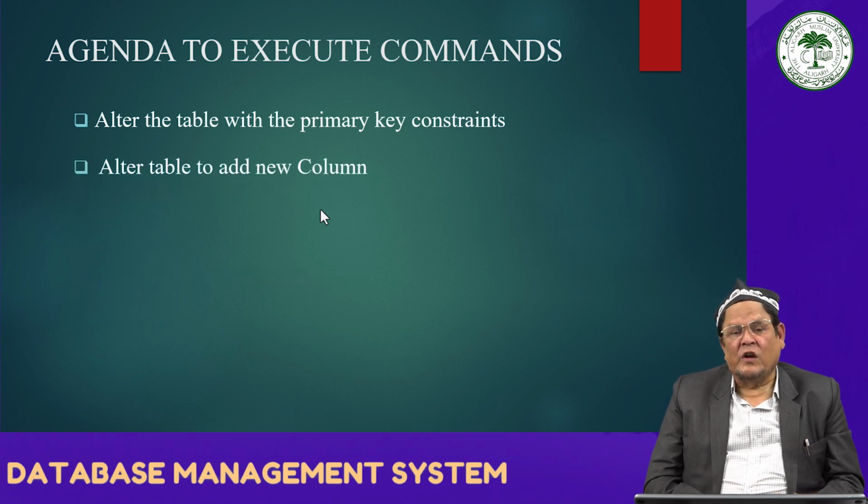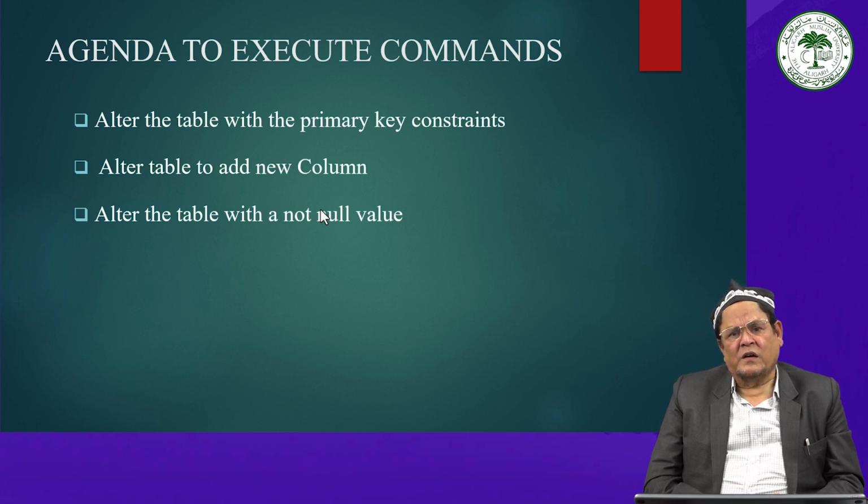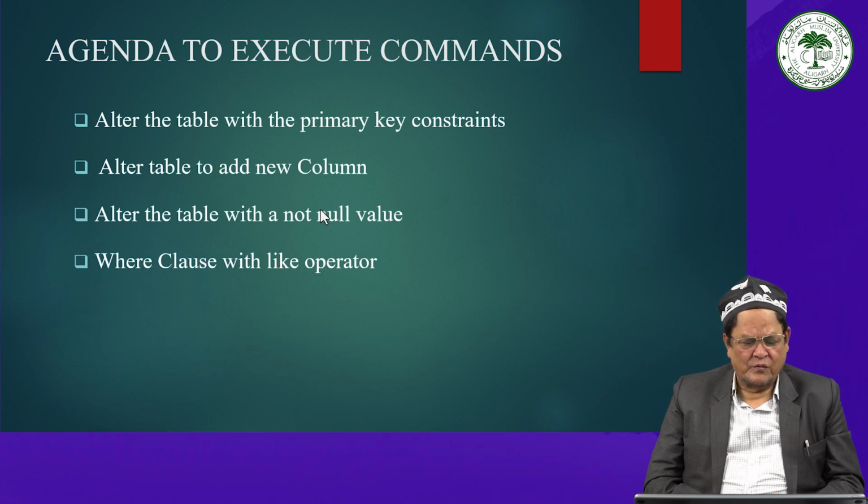We can add a new column by using the alter command. And we can alter the table with a not null value. When you define a table by the create command, the attributes are not restricted. For that, you have to make a restriction by using the not null value.